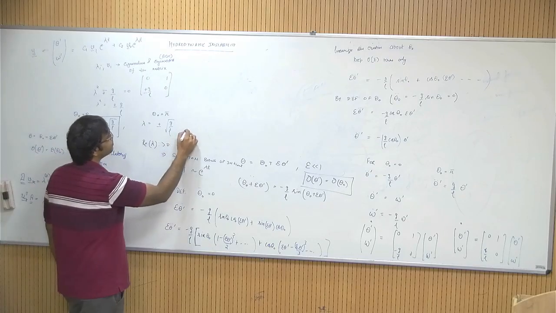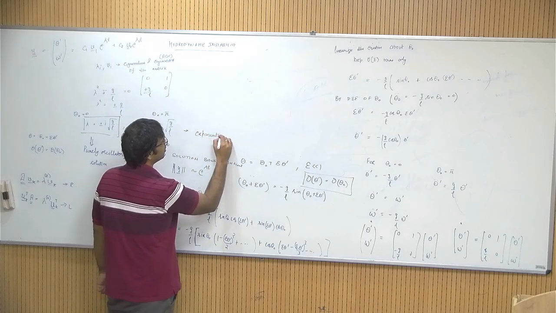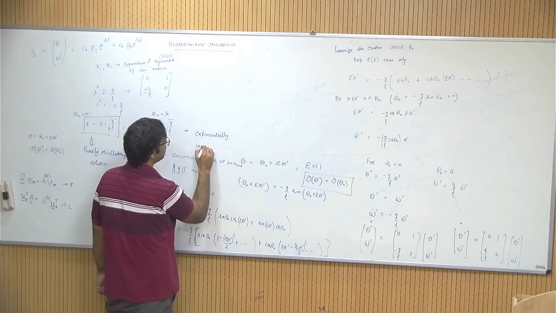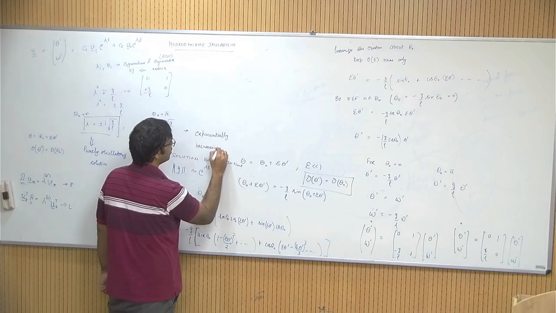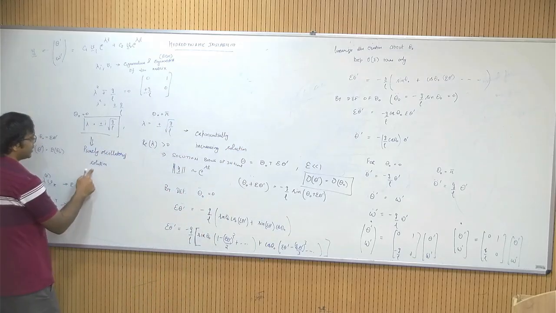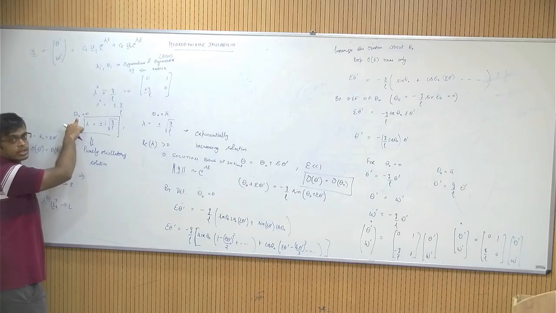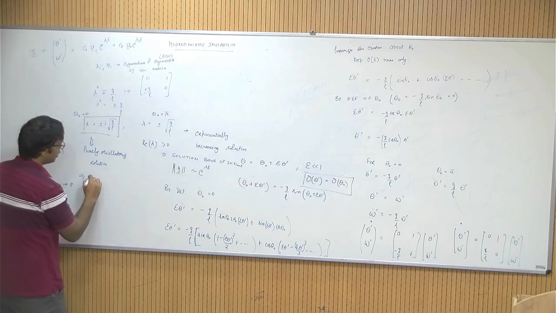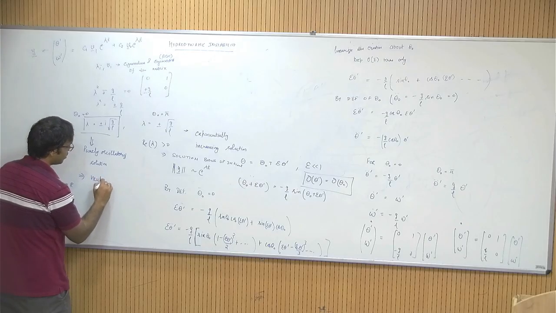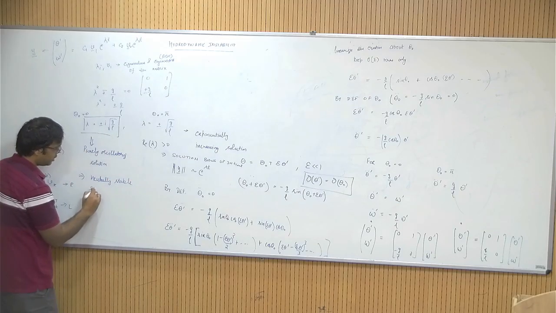Here you get an exponentially increasing solution. So, in this case the steady solution that you took is called a neutrally stable steady solution.